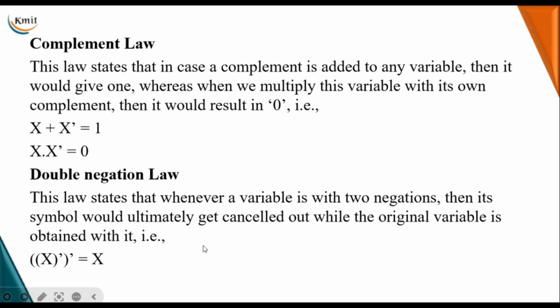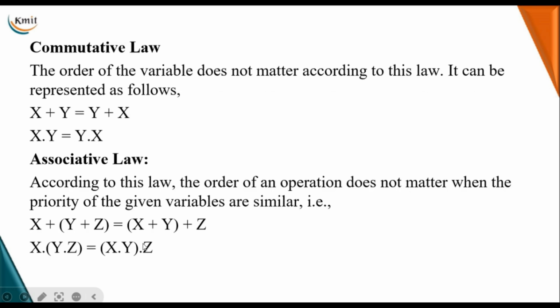Now the double negation law: this law states that a variable with two negations would give you the given variable, which is x. So x bar whole bar is equal to x only. These two bars are cancelled, and it gives you the original variable or the reference variable which you have taken.